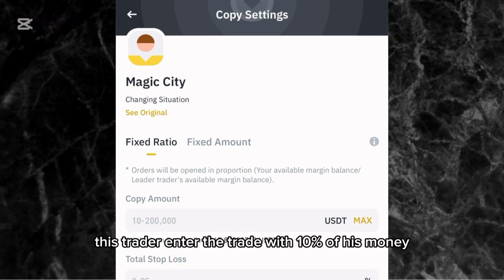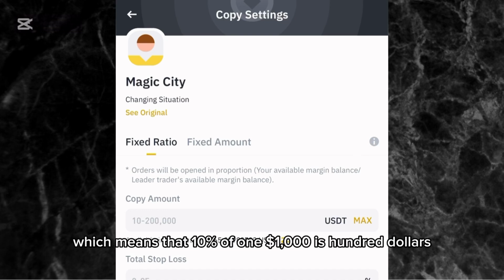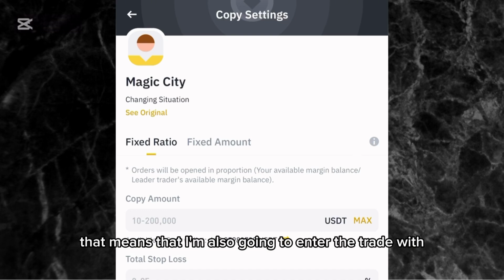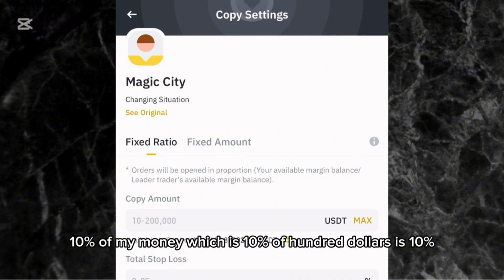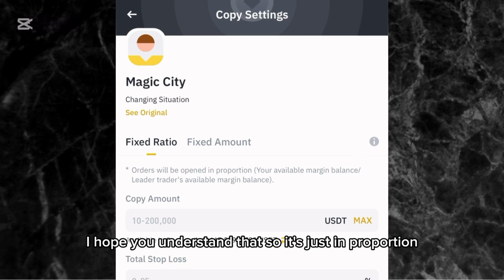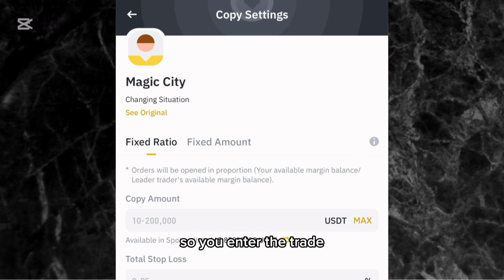Now, let's say this trader entered the trade with 10% of his money, which means that 10% of $1,000 is $100. That means that I'm also going to enter the trade with 10% of my money, which is 10% of $100 is $10. I hope you understand that. So it's just in proportion. So you enter the trade in proportion to what your trader is entering the trade with.